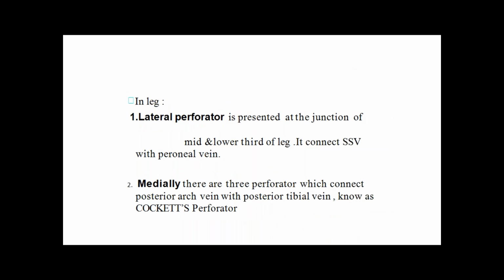Likewise in the leg there is one lateral perforator at the junction of the middle and lower third of the leg, which connects the short saphenous vein with the peroneal vein.